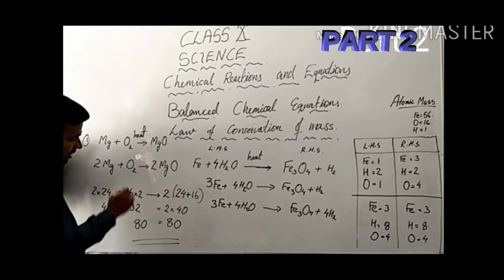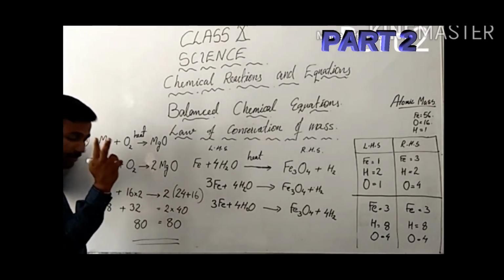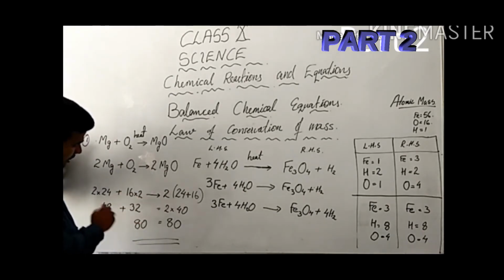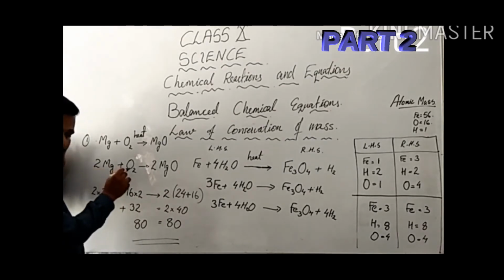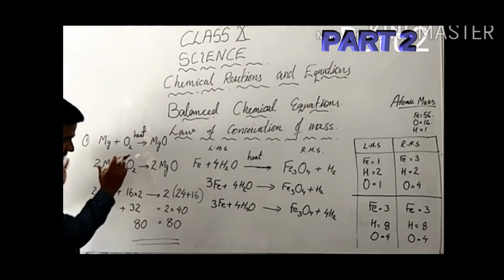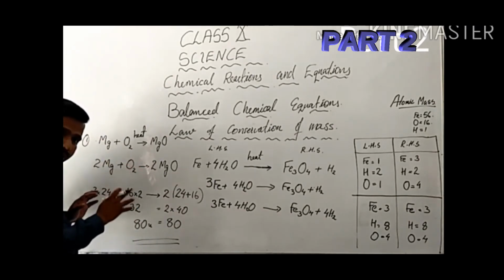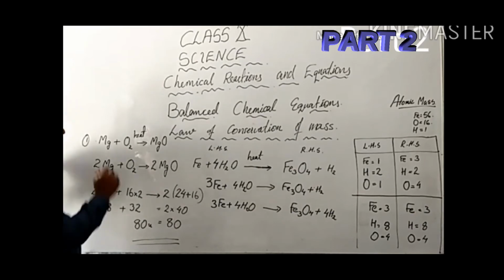We are writing 16 here, multiplying with 2 because O2 has 2 atoms of oxygen. 16 into 2 gives 32. When you add 48 plus 32, you will get 80. That's the total mass, 80U. That is the total mass of the reactants.